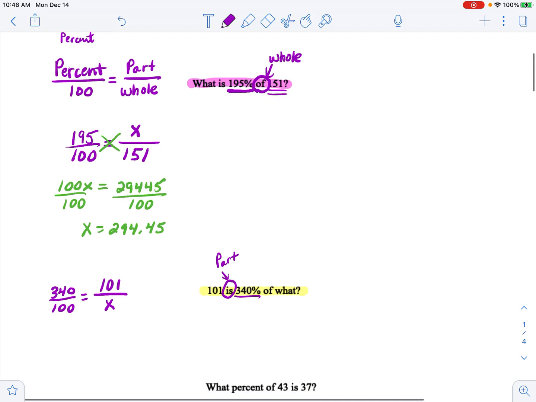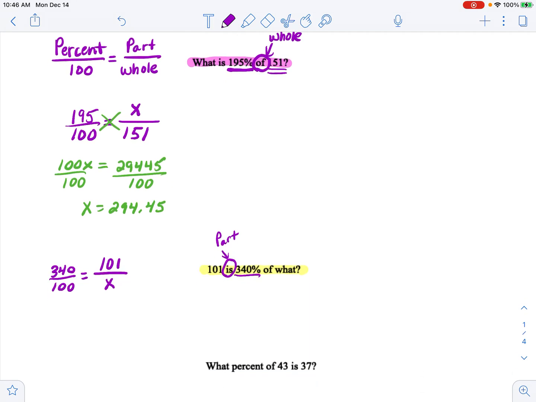So the whole would be x. Remember cross multiply and set the cross products equal to one another. I always like to start with the one that has the x. So we start with 340x equals 101 times 100 is 10,100.